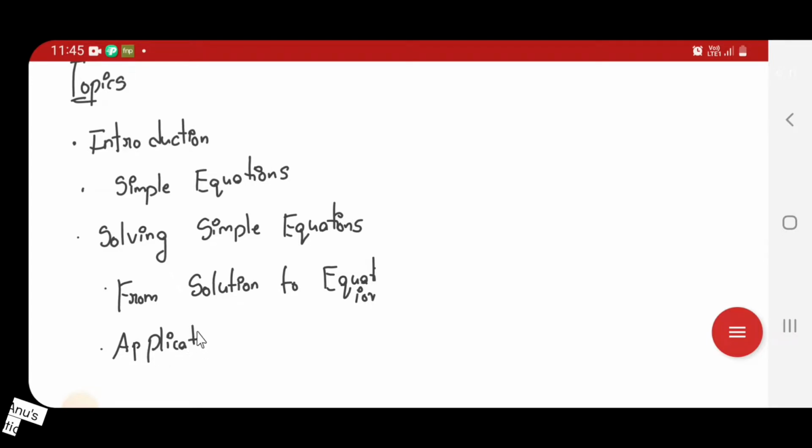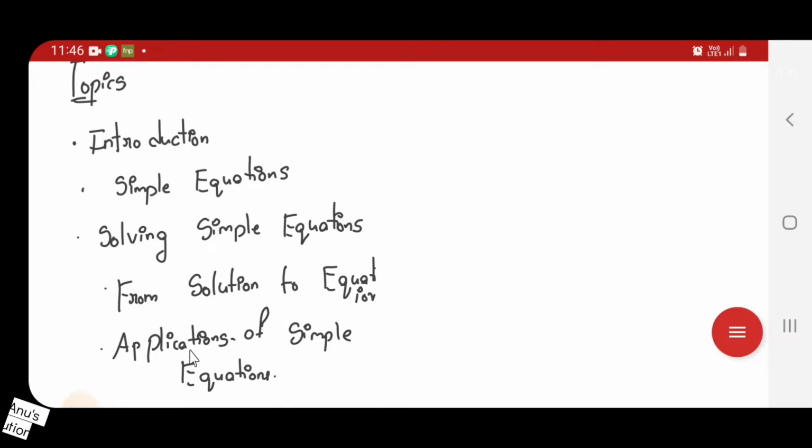Applications of simple equations. These are the 5 topics: 1, 2, 3, 4, 5.